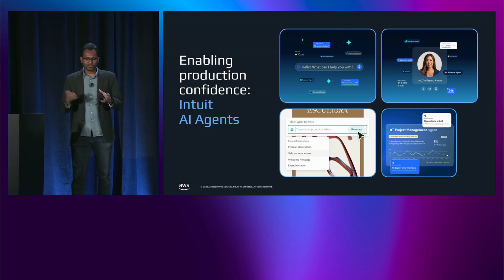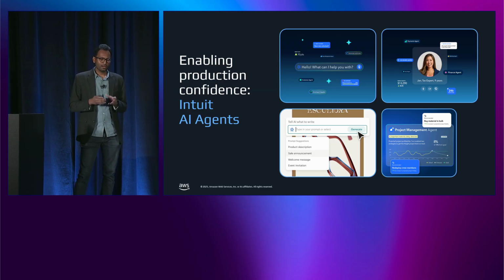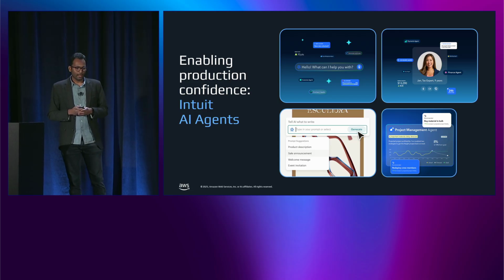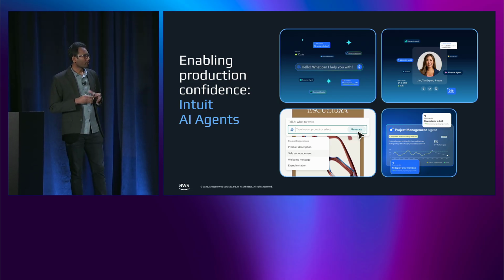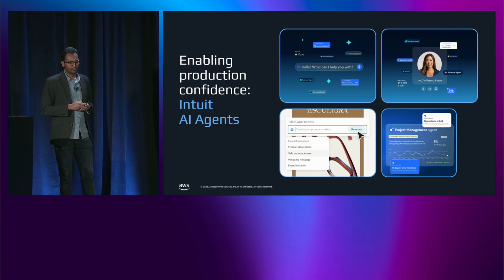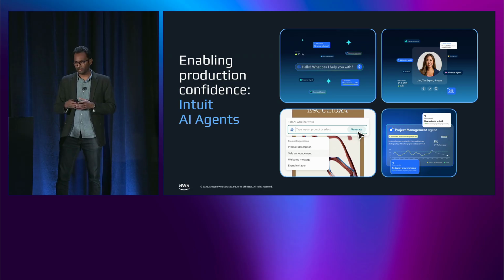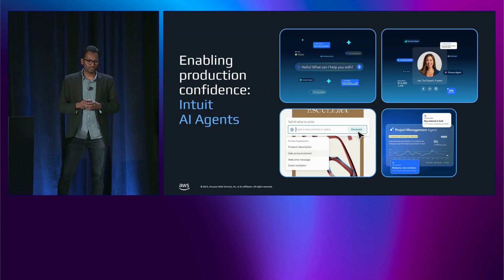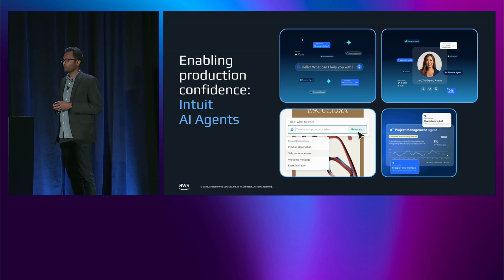And managed MLflow is what provides that quality, accuracy, and safety. This is what gives us confidence to ship our AI agents. So again, you can't ship what you can't measure. This managed MLflow platform is basically a measurement and evaluation platform for us that gives the confidence to take these agents into production.